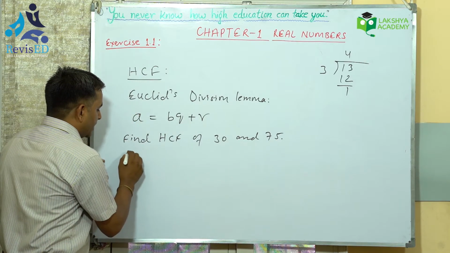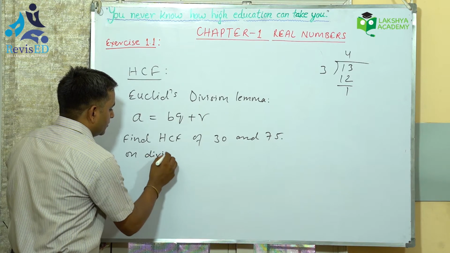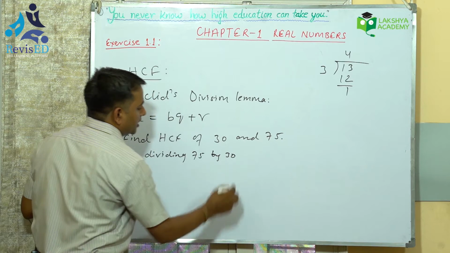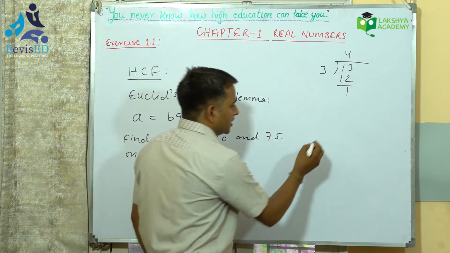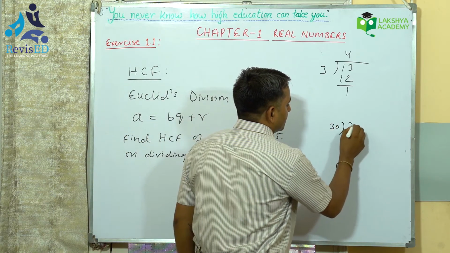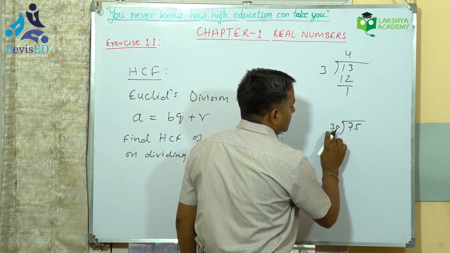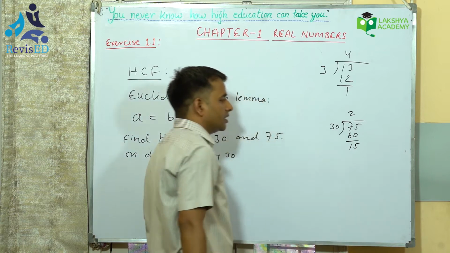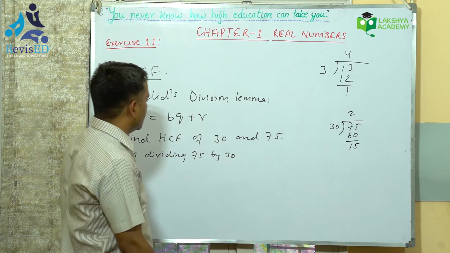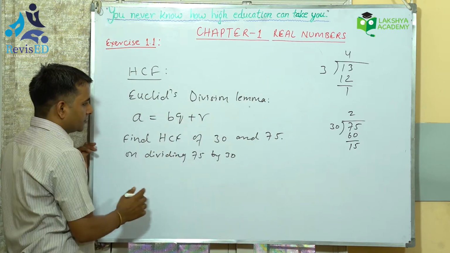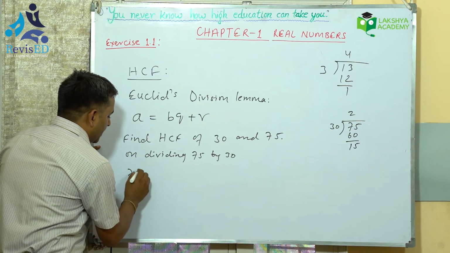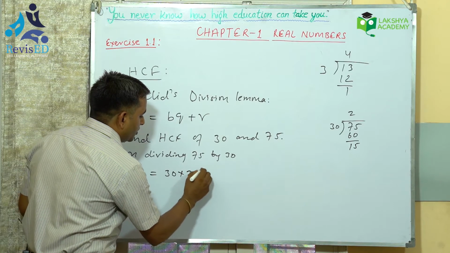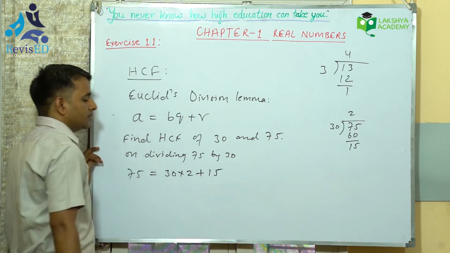On dividing 75 by 30, 30 twos are 60, remainder is 15. So again we write this in the form 75 equals 30 into 2 plus 15.